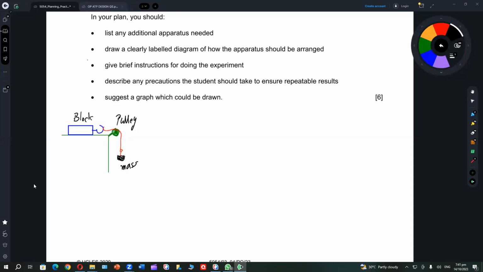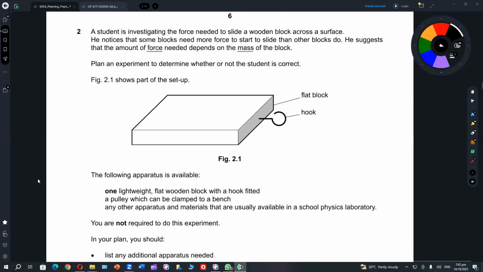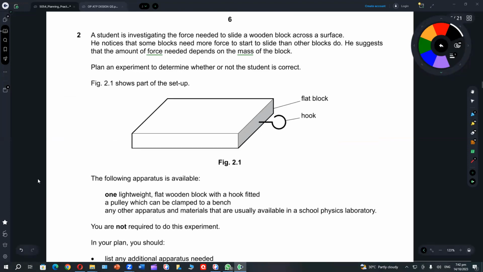We can put some masses on the block, or we can double the blocks, we can put another block on it. We have to increase the mass of the block and measure the force. Actually, you have to alter the mass and measure the force. The amount of force needed depends upon the mass of the block.